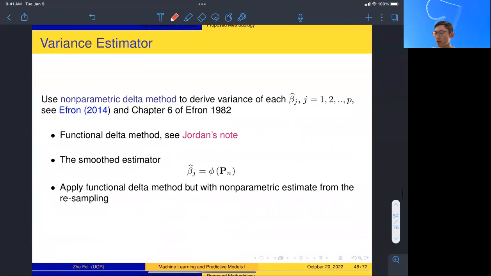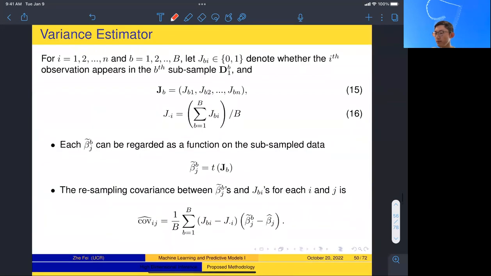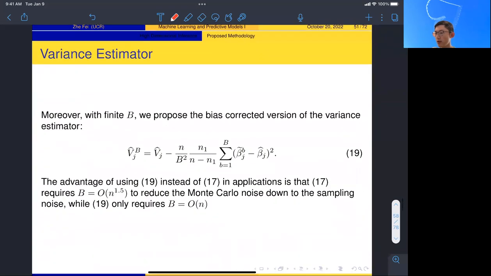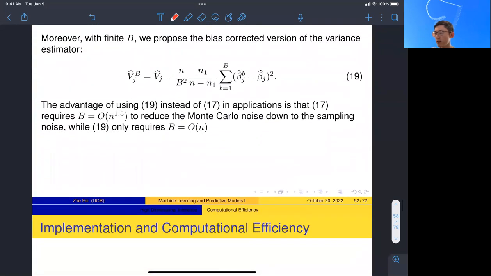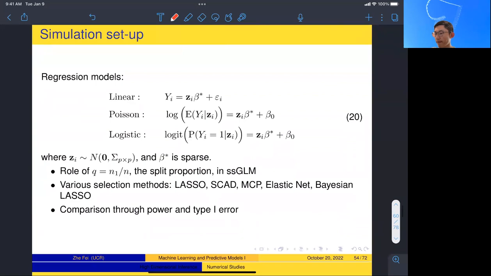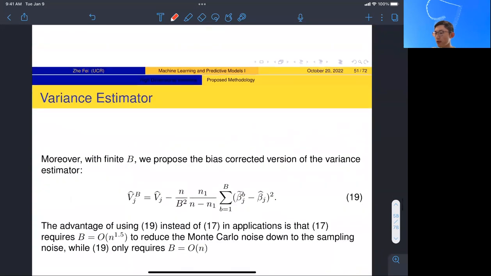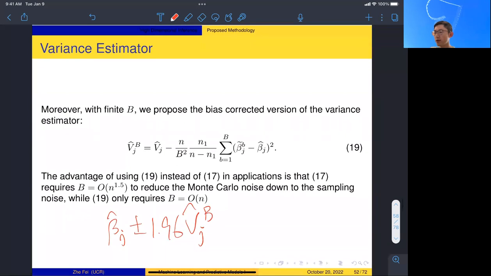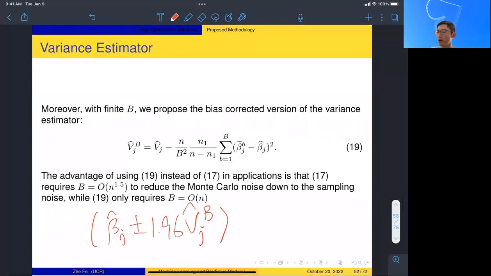We also derive the statistical inference, in the sense that we derive the variance estimate for beta. At the end, we get beta j hat plus minus this v j hat. That is the confidence interval, or how we could do statistical inference in the high dimensional case.